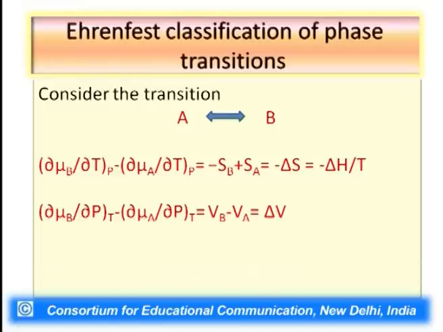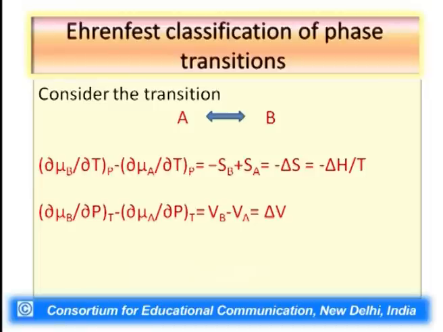For example, let phase A be the liquid phase, and B a vapor phase. So, the transition is that a substance in its liquid phase undergoes transition to the vapor phase. Now, this kind of transition is called a vaporization process. This transition occurs during a vaporization process.